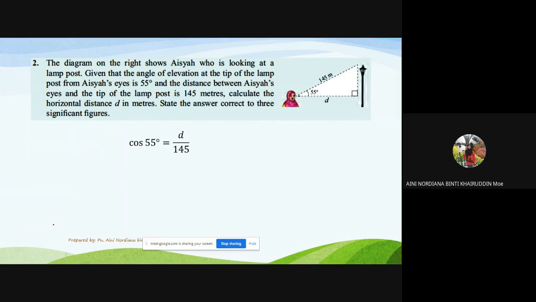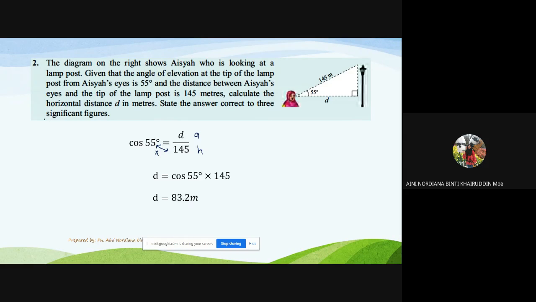So D equals cos 55 times 145. Then the answer is 83.2. This is correct to 3 significant figures.